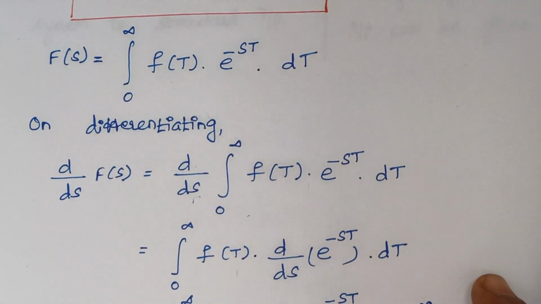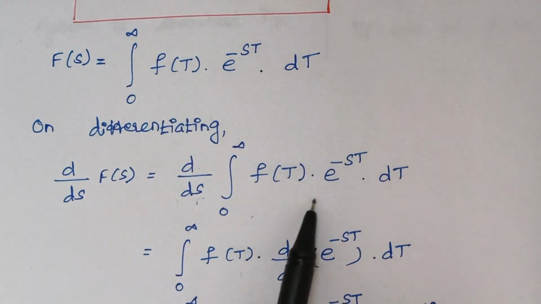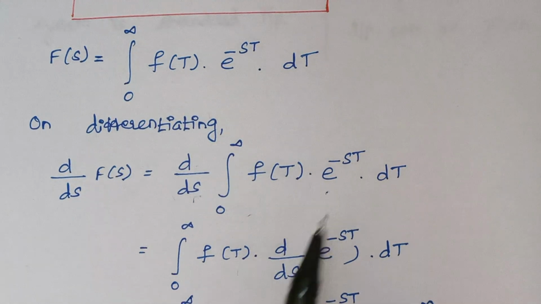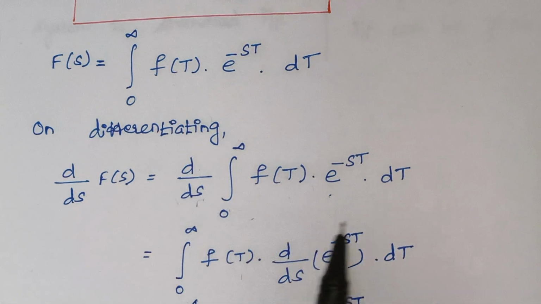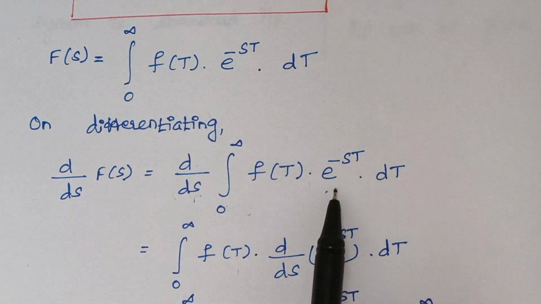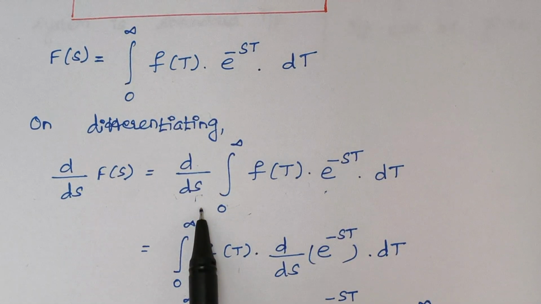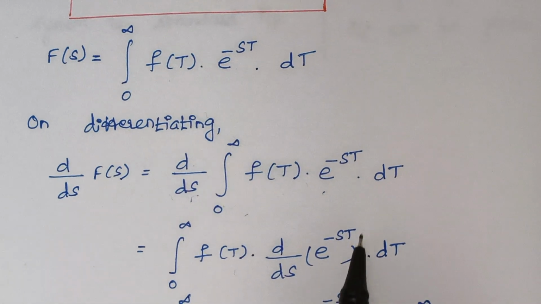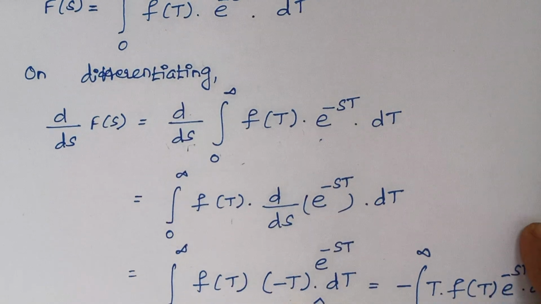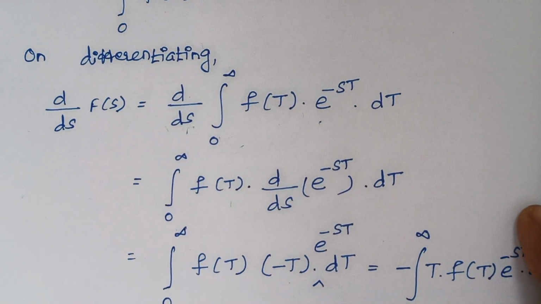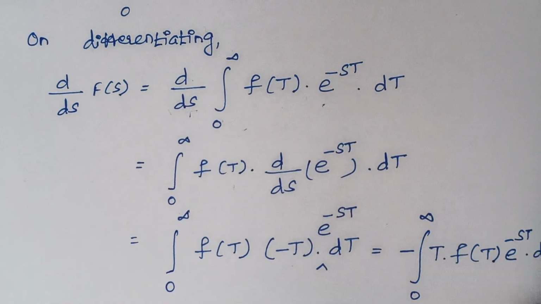So the next step, I am moving this differentiation inside this integration. So integral 0 to infinity f of t, and here I am having the s term only here. So I am applying this differentiation, d by ds of e power minus st into dt. So the next step, we are going to differentiate. What happens when you differentiate an exponential term?